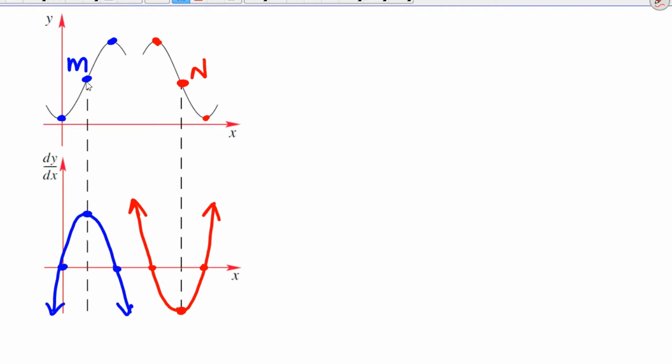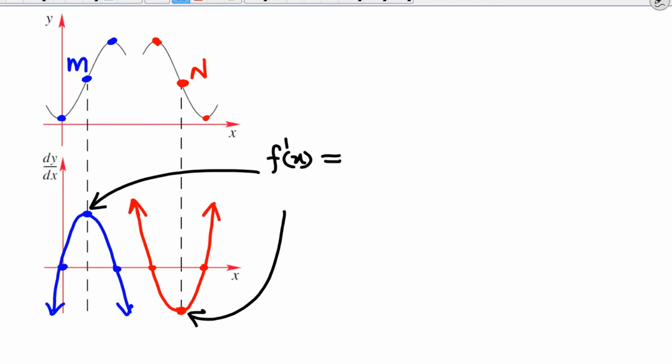We can discuss other things. In fact, one of the most important things that we can say is that at this point here and at this point here, we can notice that the first derivative is not equal to 0. You can see that at point M and N, the slope is not 0.